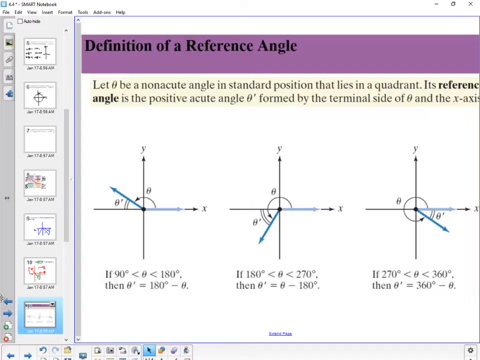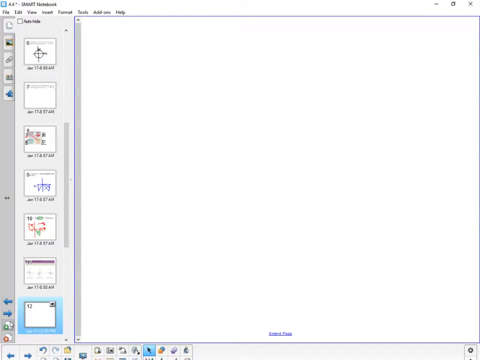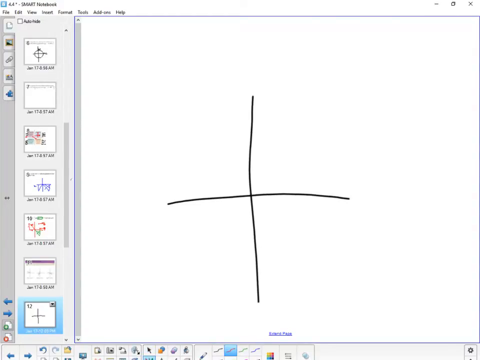All right, so I'm going to add a slide here. Am I good? Okay, so I think you probably saw it and it makes sense to you. Let's say I had some angle theta that kind of did this bit. So technically that would be theta, correct? But when I do my trig, I'm really not going to use theta.